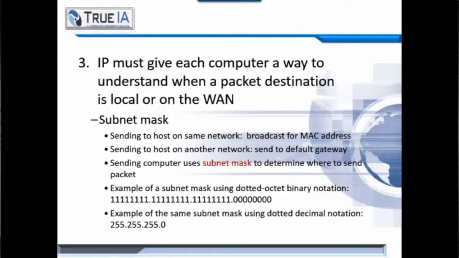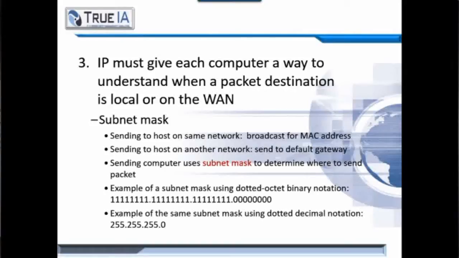Next, step 3, remember you must give each computer a way to understand when a packet destination is local or on the internet. To do this, we use what's called the subnet mask. If the computer is sending to a host on the same network, it will broadcast for a MAC address.